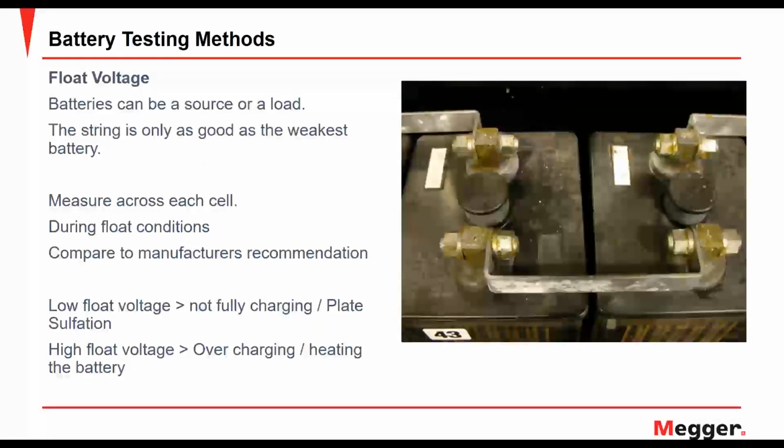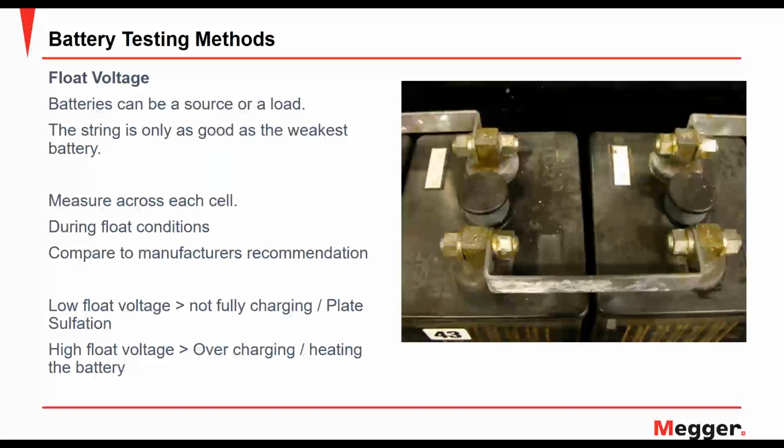Usually the charger has a floating voltage. When testing this float voltage, it's very important not to use a digital multimeter, because a digital multimeter can give you a false reading since it has a high impedance input for the voltage measurement. It's better to use a specified tester, since this tester will draw some current from the cells, giving you a better reading that you can rely on.